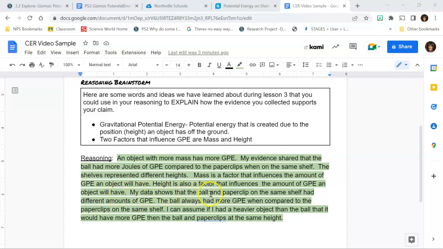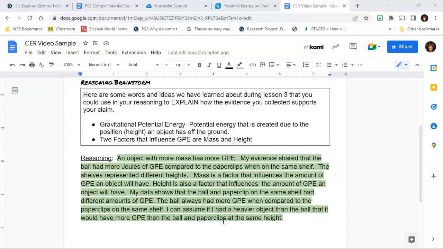My data shows that the ball and paper clips on the same shelf had different amounts of gravitational potential energy. The ball always had more gravitational potential energy when compared to the paper clips on the same shelf. I can assume if I had a heavier object than the ball, that it would have more gravitational potential energy than the ball and paper clips at the same height.